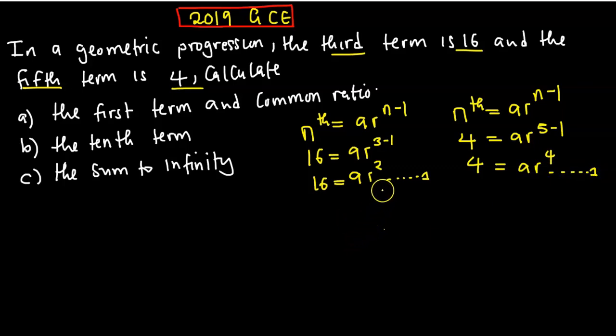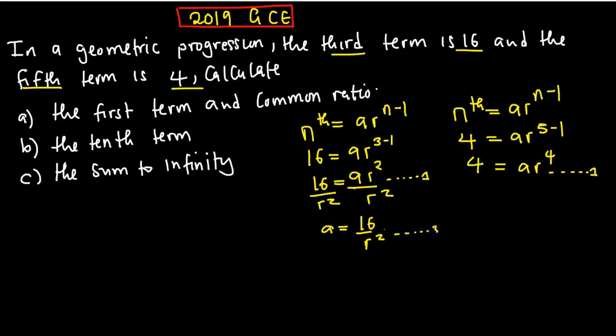Now in this case you can use the substitution method because it's the easier one. You can choose to make a the subject or r the subject. So here let us make a the subject. Making a the subject, we are going to divide by r square on both sides. So a is equal to 16 over r square.